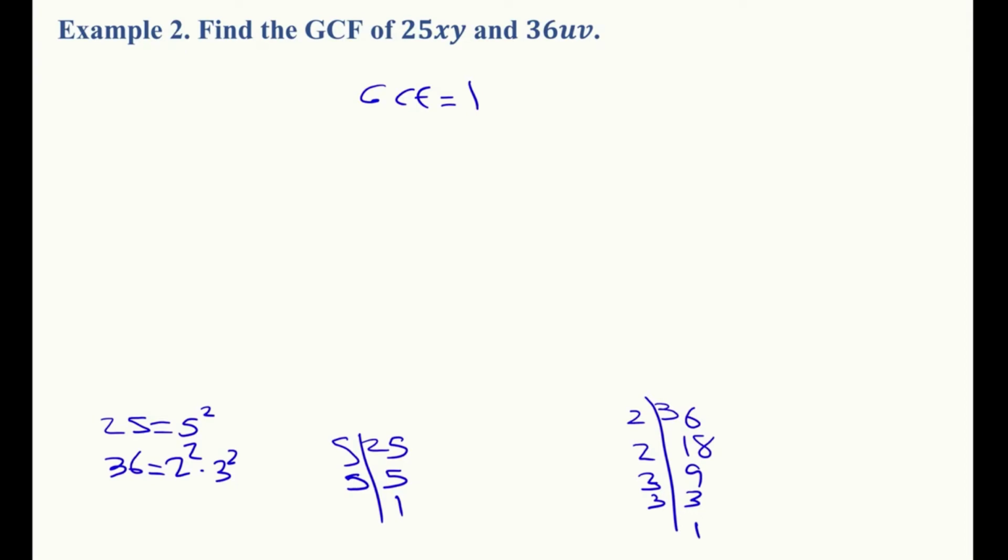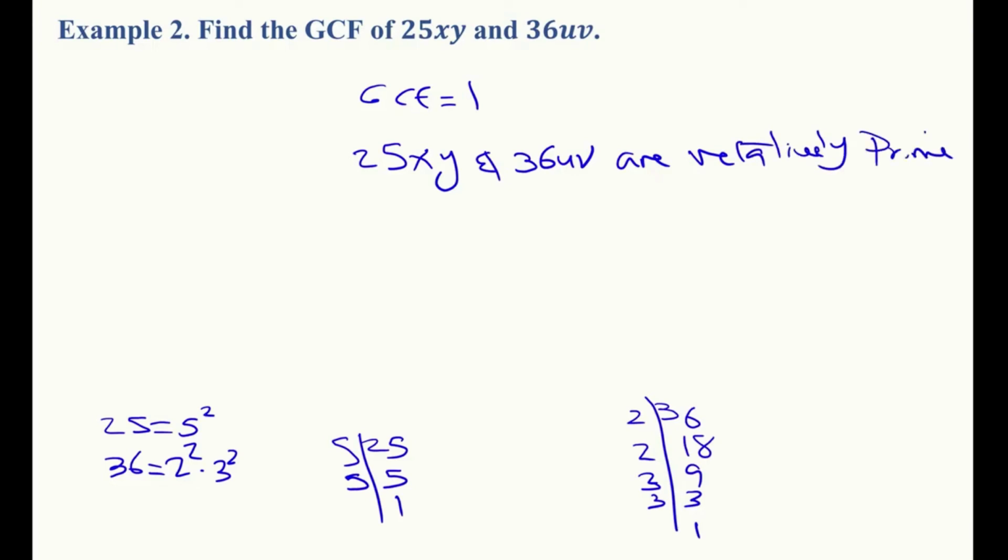When this happens, either between just two numbers, even if we were just looking at 25 and 36, or two expressions like this, we say the two expressions are relatively prime. Remember, it doesn't mean either one is prime. It just means with respect to each other, they have no common factor other than 1.